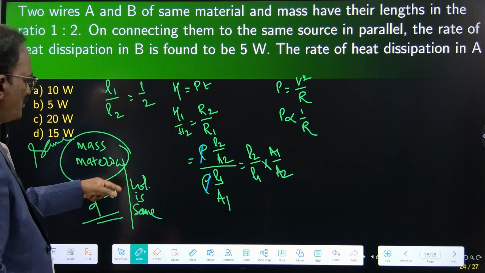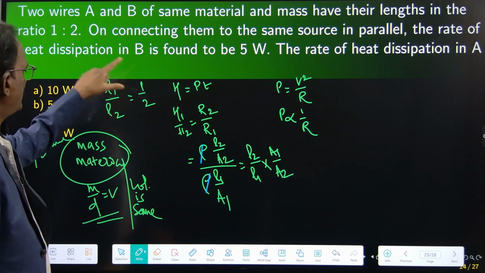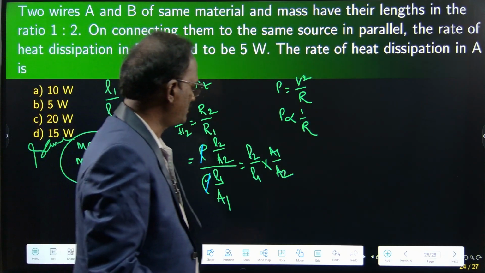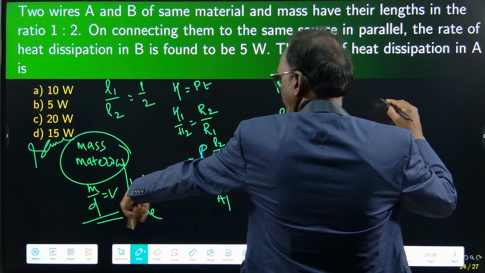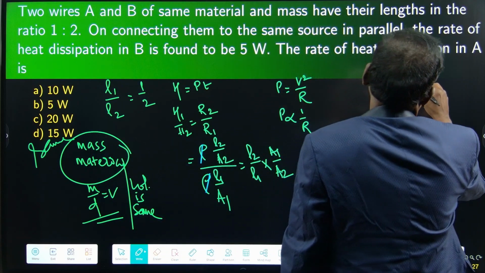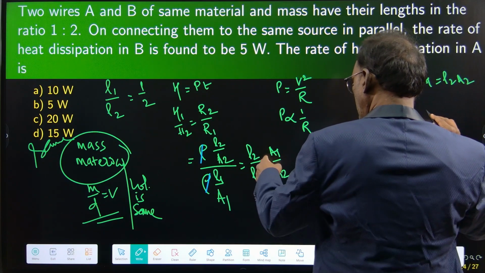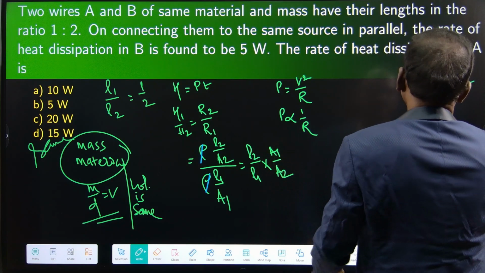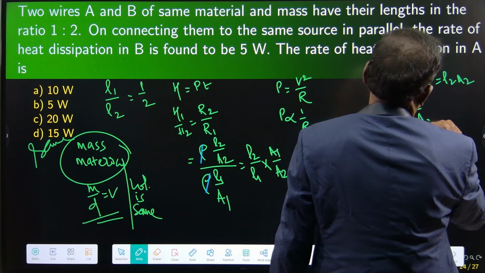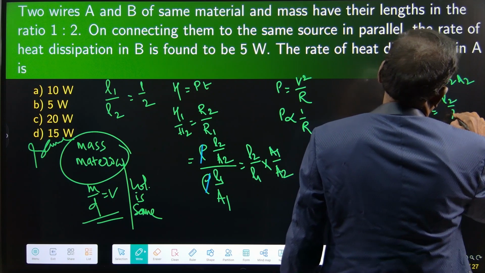Here the length ratio is given, but the area is not given. Since volume is the same, L1 A1 is equal to L2 A2. We want A1 by A2, so A1 by A2 is equal to L2 by L1.